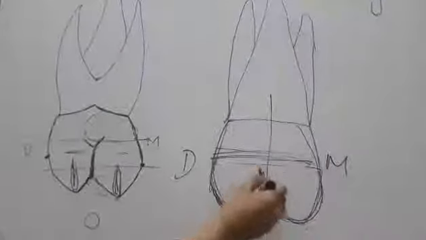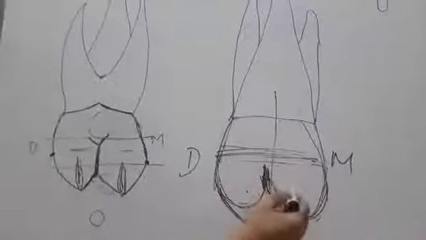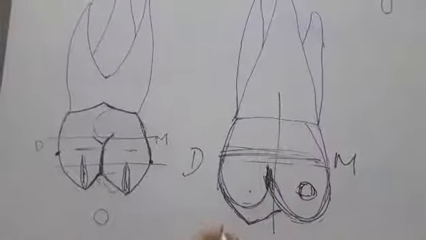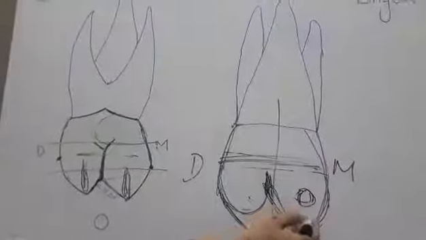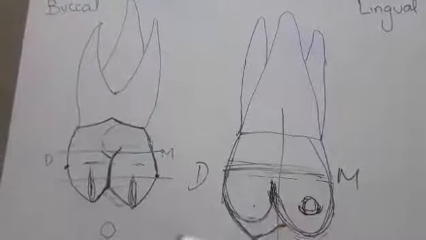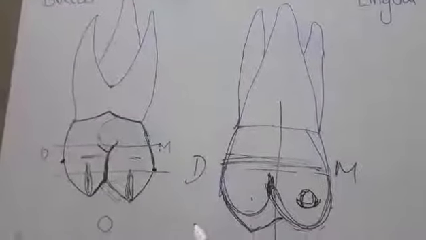And this mesiolingual cusp has a small cusp over here which is called the cusp of Carabelli, and the cusp of Carabelli is separated from the mesiolingual cusp by a groove which is called the cusp of Carabelli groove.